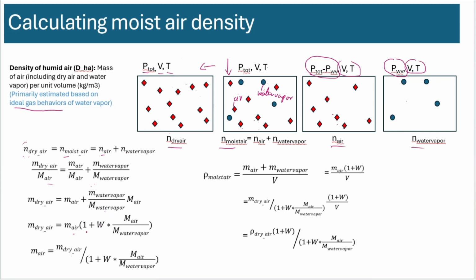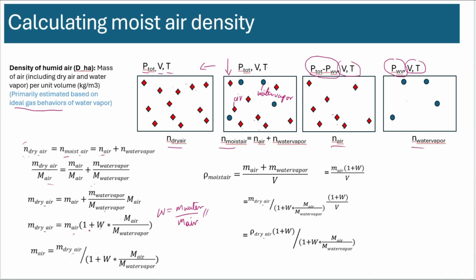Further, you can rewrite this by taking out the molecular weight of air outside the brackets, and rewriting this way, where W is the humidity ratio that we just calculated, and it's nothing but m water divided by m air. So the mass of water in this chamber divided by the mass of air in this chamber.